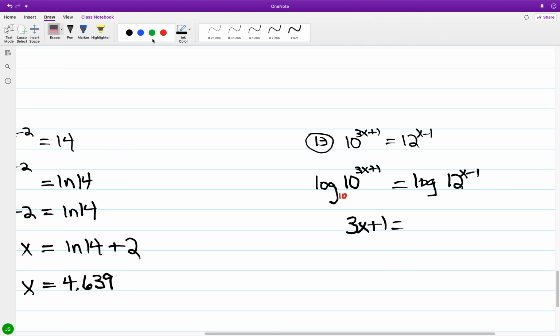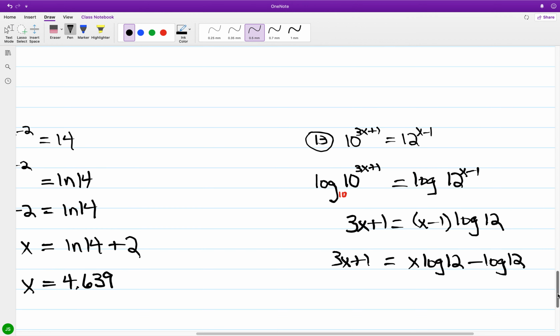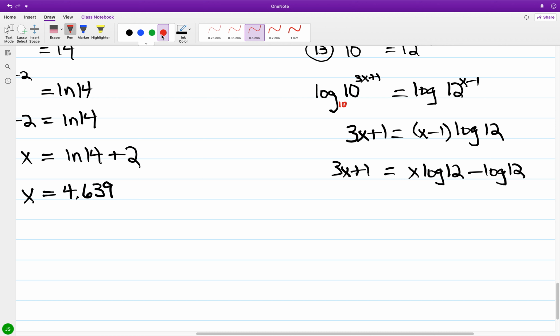The base 10 logarithm of 12 to the x minus 1: I can bring the x minus 1 down as a coefficient. So we have 3x plus 1, and distributing on the right-hand side, we have x times the base 10 logarithm of 12 minus the base 10 logarithm of 12.